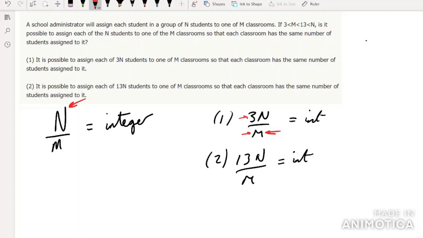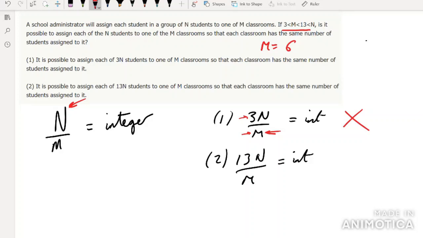Hopefully that makes sense. So we know that 3 is less than m is less than 13, but that means m could be, for example, 6, in which case there's still a 3 in that m, and so this alone is not sufficient, because we could get a 3 left over.